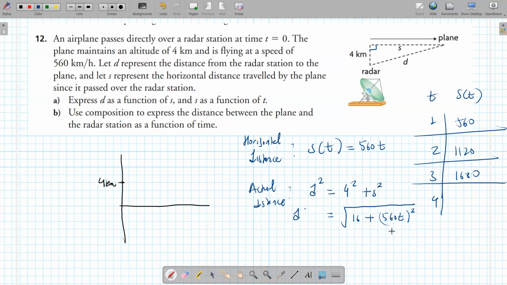Sorry, that's not the horizontal distance. This will give us the total distance from the plane given time t. This kind of answers both part A and part B. The answer to part A would just be this. The answer to part B would be the actual equation, the composition.